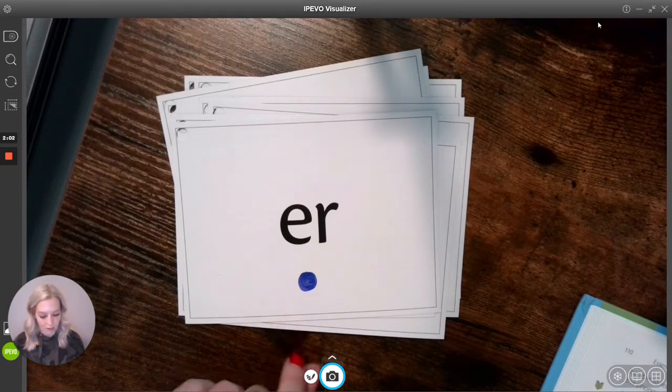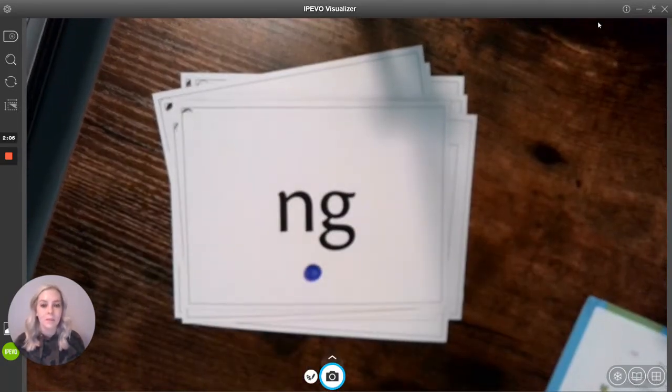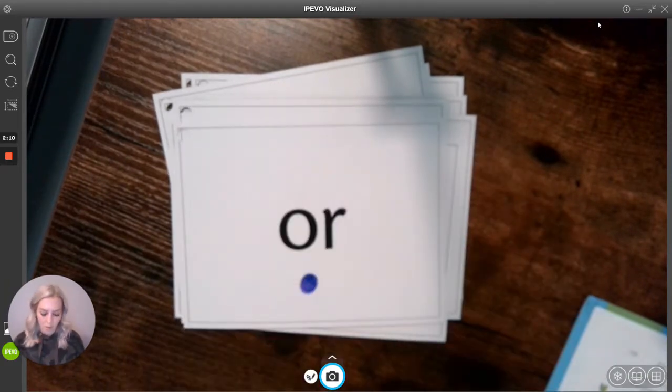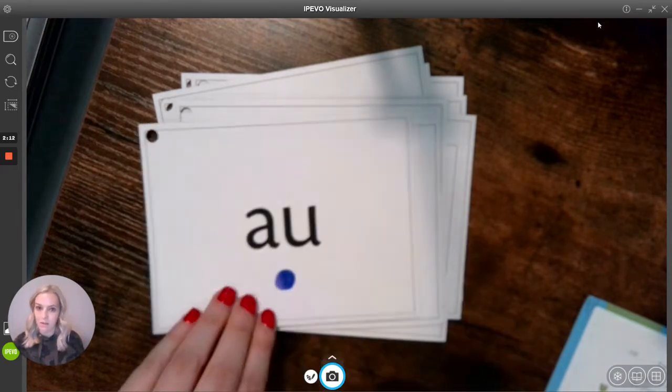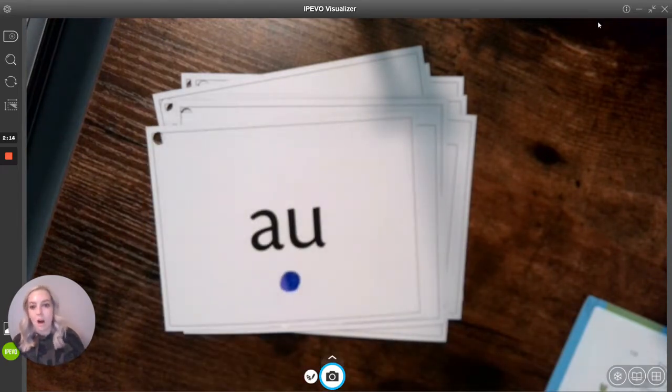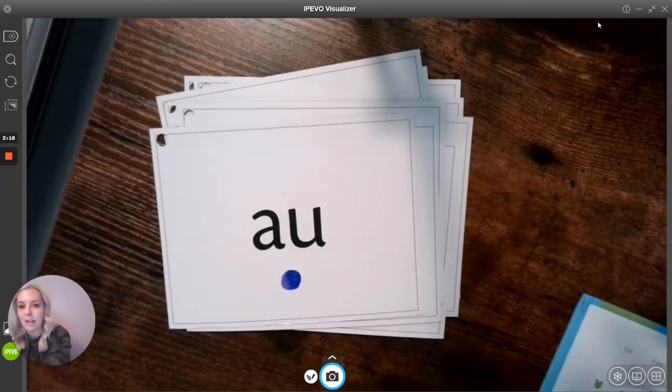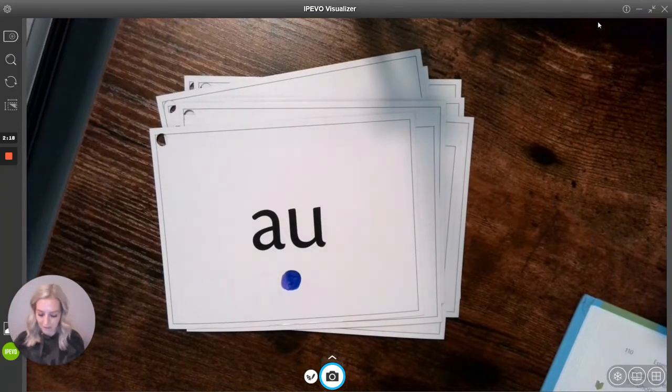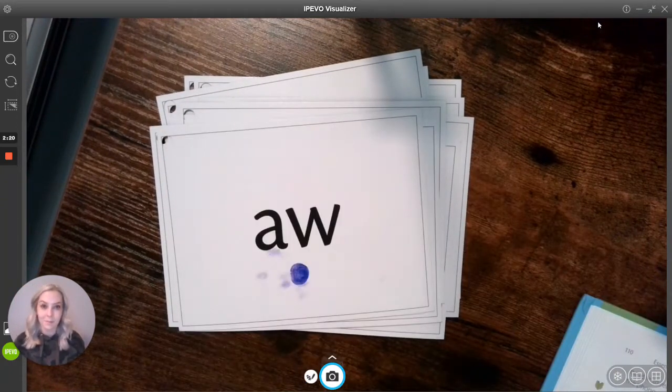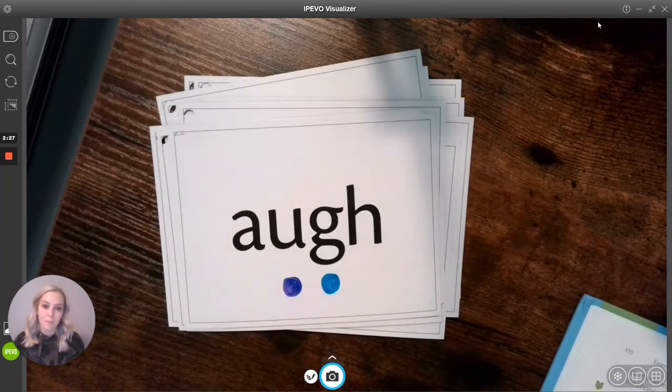The of her. Ng. Or. Ah, that may not be used at the end of English words. Ah, that may be used at the end of English words. Ah, af.